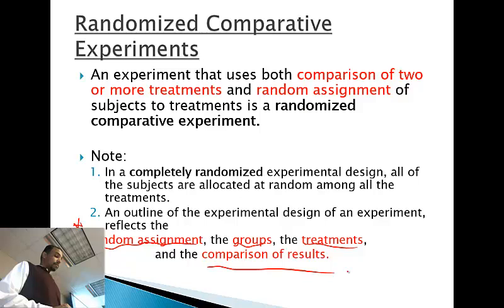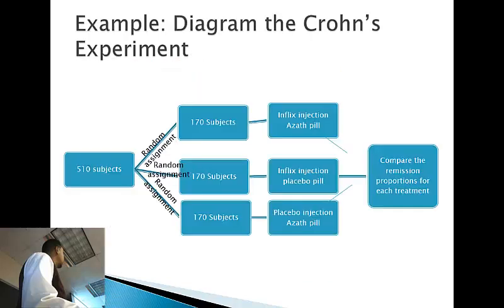And I'm going to call random assignment RA, not residence hall advisor, whatever it's called. Assistant. All right, so here's what you can kind of use for that space where it says draw a diagram for the Crohn's experiment, if you will. You have your 510 people.